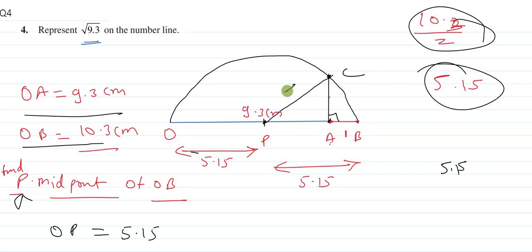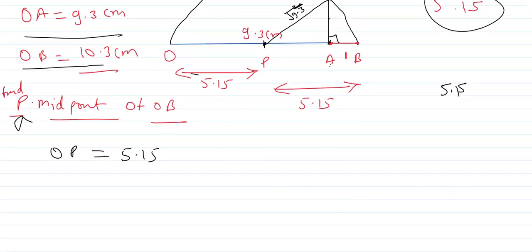This distance will be your root 9.3. Take this distance PC in your compass and form a number line, taking each consecutive number at a distance of 1 centimeter.